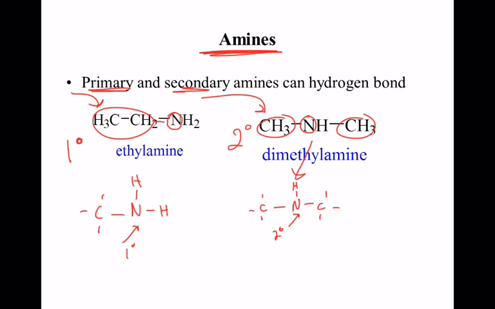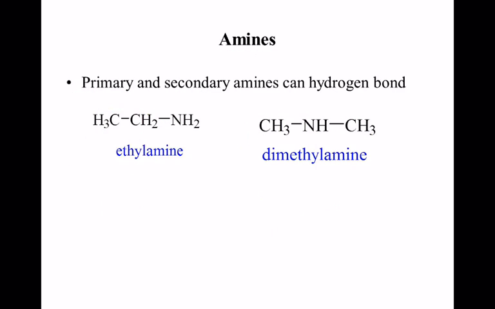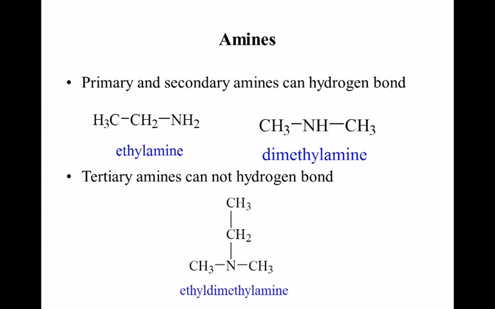Guess what a tertiary amine is? We take this hydrogen and it's replaced with some sort of carbon stuff. That's a tertiary amine. Because you figure nitrogen wants to reach out 3 times. It's group 5A, so 8 minus 5 is 3.